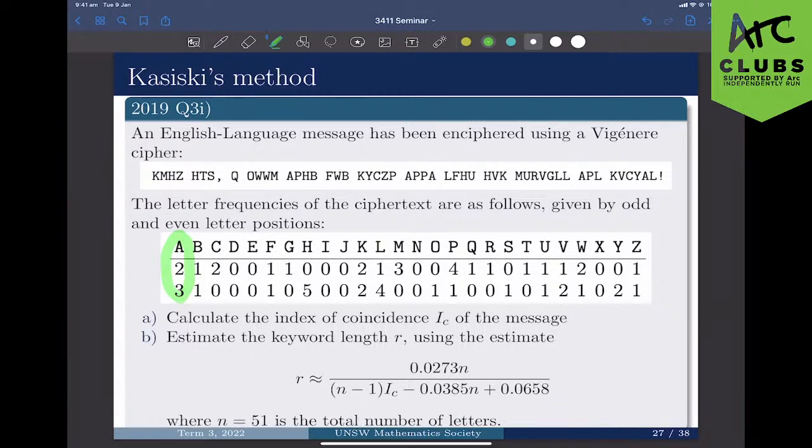First they want us to calculate the index of coincidence, IC, and once we've done that, we can plug the value of IC in to find the keyword length R. It's given to us that n here is 51.